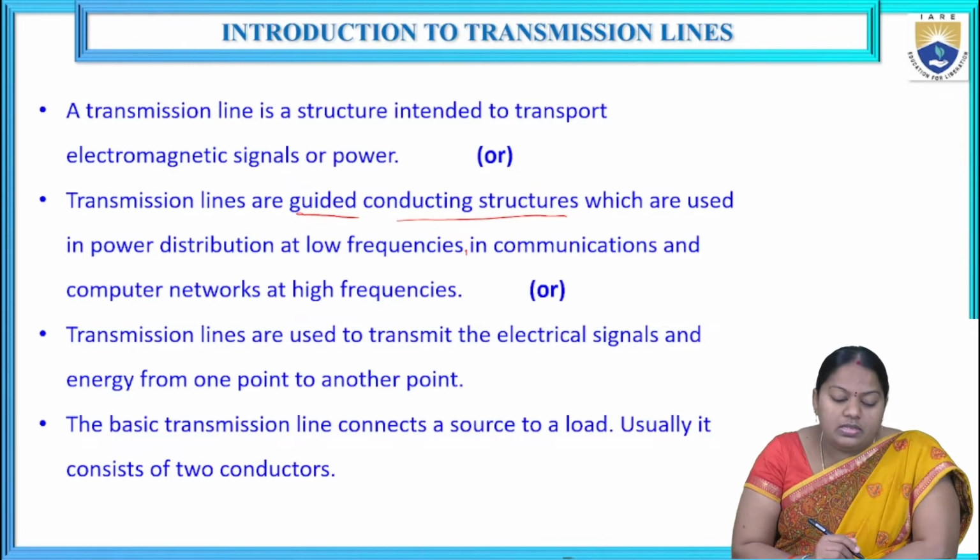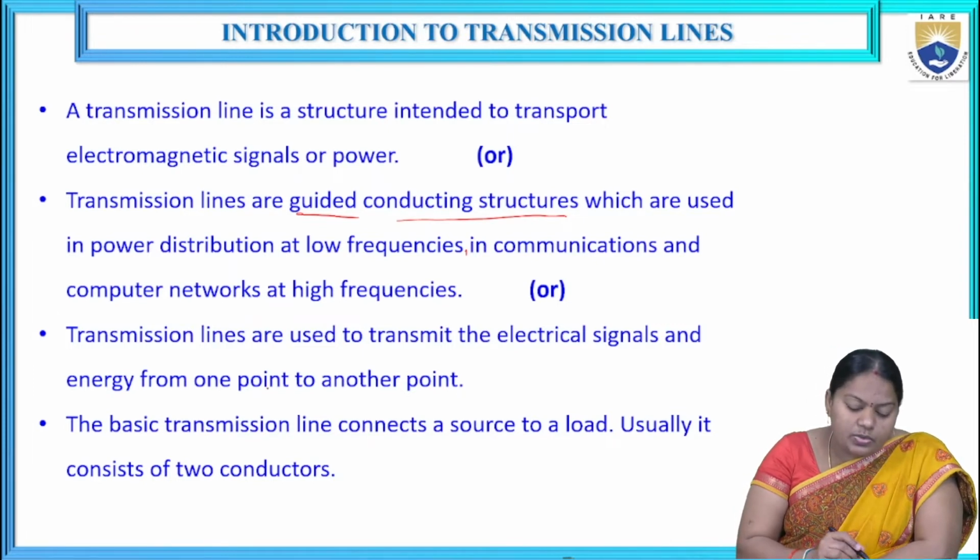So depending upon the frequency ranges, we will use different types of applications of transmission lines. In another way, transmission lines are used to transmit electrical signals and energy from one point to another point. That first point is said to be the source and the next one is the load.